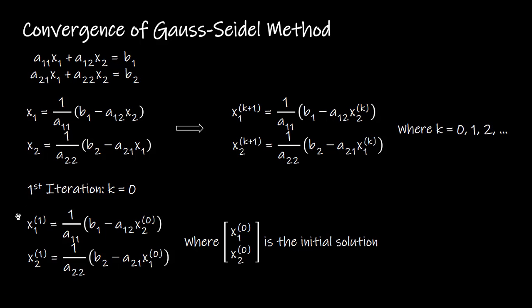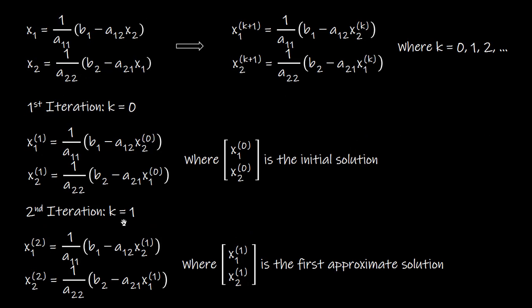Once you have found the first approximate solution, you carry out the second iteration by taking the value of k equal to 1. Then the second approximate solution can be found by substituting the first approximate solution, which we have already found in the previous iteration, in the iterative scheme.